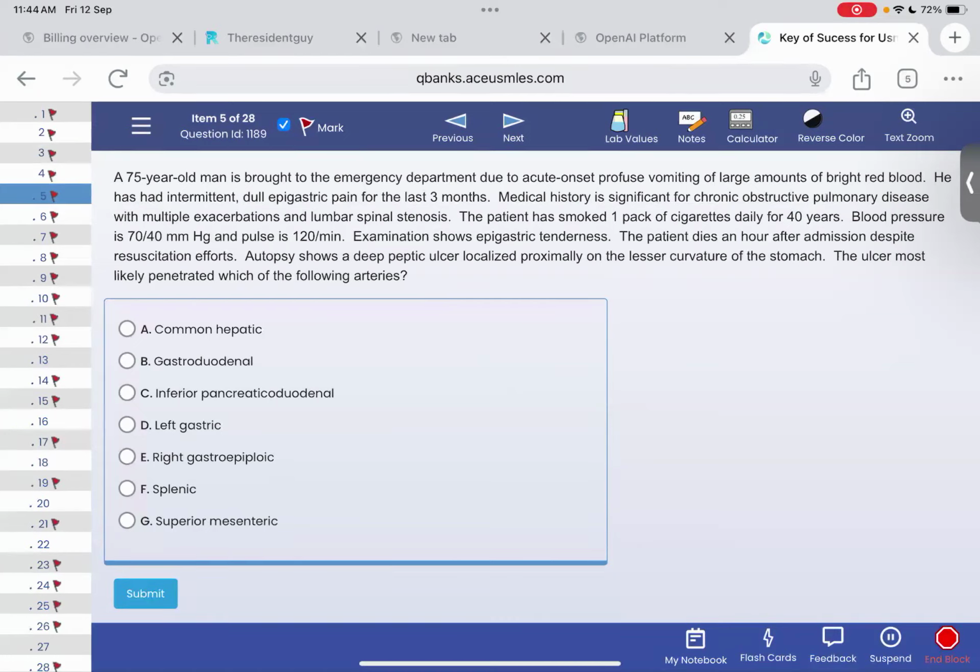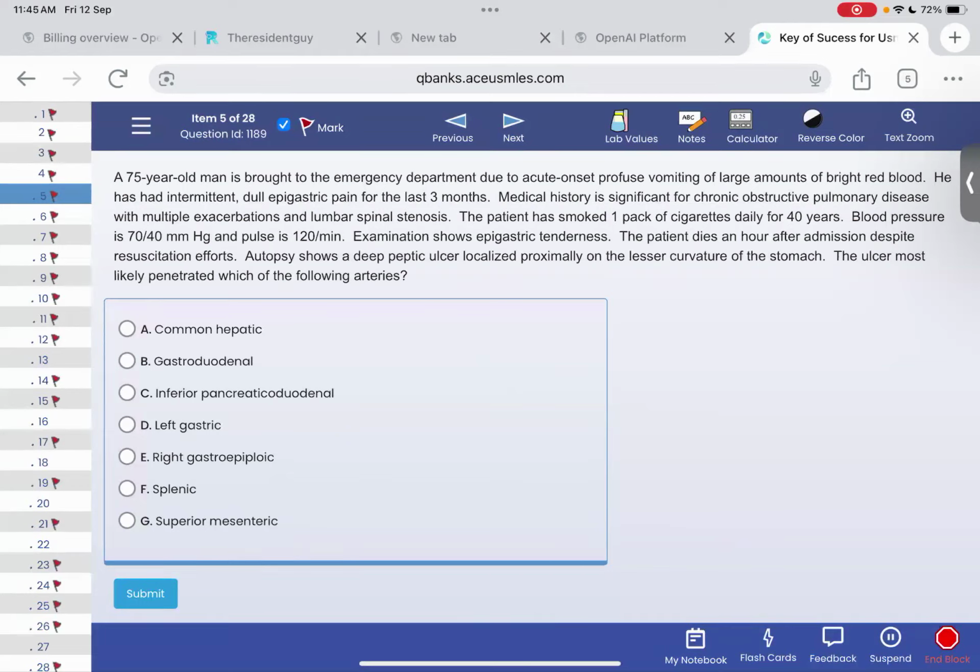The ulcer most likely penetrated which of the following arteries? A 75-year-old man is brought to the emergency department due to acute onset profuse vomiting of large amounts of bright red blood. He has had intermittent dull epigastric pain for the last 3 months. Medical history is significant for chronic obstructive pulmonary disease with multiple exacerbations and lumbar spinal stenosis.